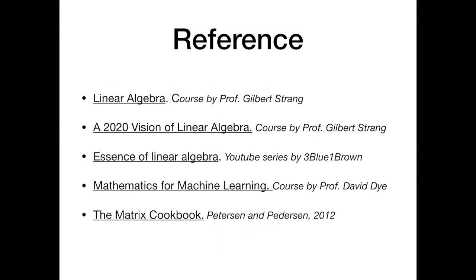Okay, we finally get to the last slide. Here I just list some of the very great resources about linear algebra and matrix theory. They are both free and great courses or videos about this field. They are really very great. Okay, today we have covered so many concepts and definitions and theories about linear algebra.